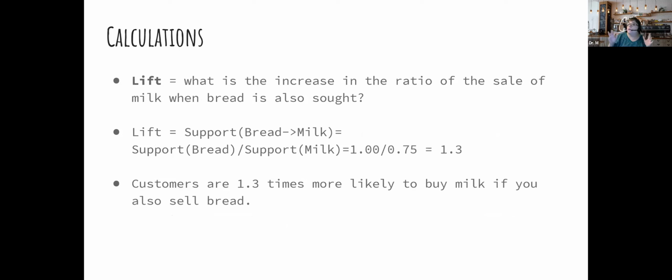Then we come to something called lift. That's the third metric. Lift is the increase in ratio of the sale of milk when bread is also bought. Basically, it's like an upsell.